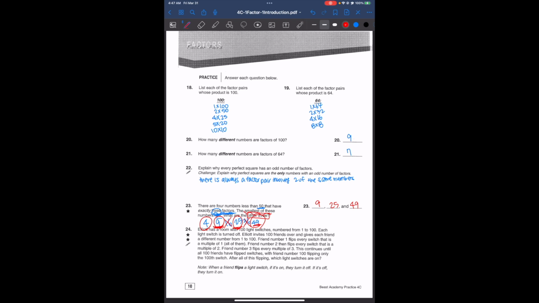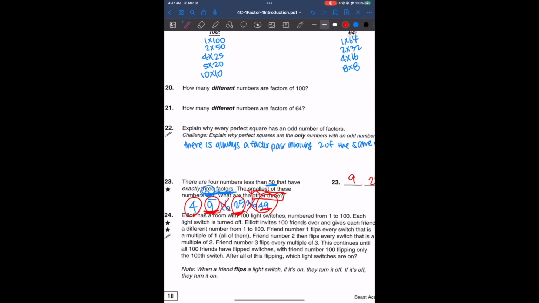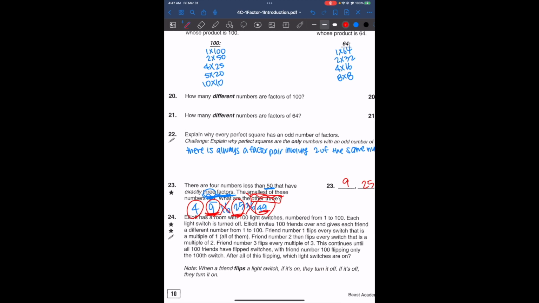After all flipping, which of the light switches are on? So when a friend flips a light switch, if it's on, it turns off. If it was off, it turns on. And so for problem 24, all the switches are first initially off.